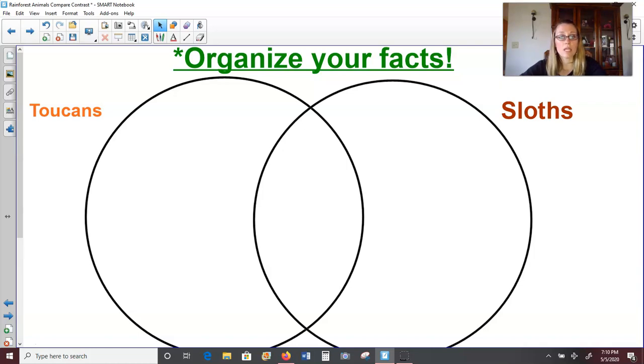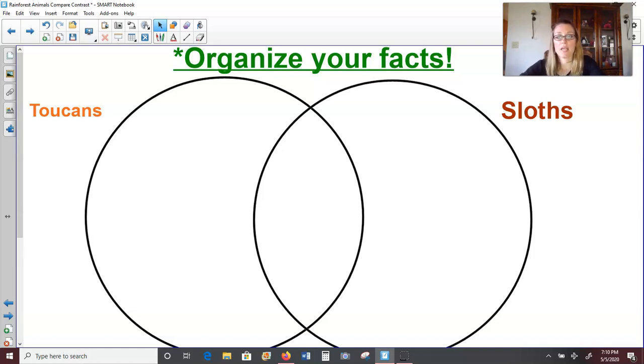And so from reading those facts, you will be able to organize the details into either similarities or differences between those two animals. Now, I'm not going to read the facts to you here on the video, just for sake of time, but I will share with you the similarities and differences I came up with based on my research and my reading. And I'm going to start with similarities.